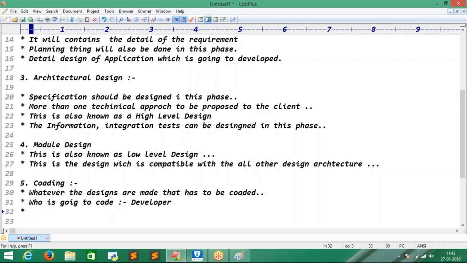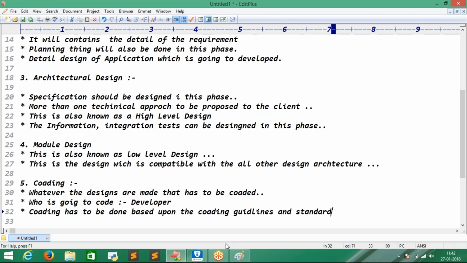Now the coding is performed based upon the coding guidelines and standards. Let me write this because it is a very important point. Coding has to be done based upon the coding guidelines and standards.